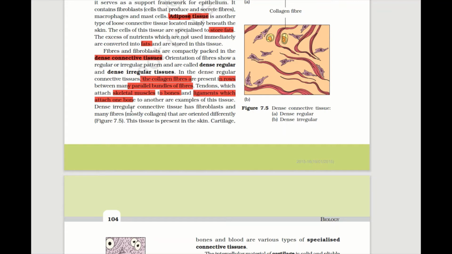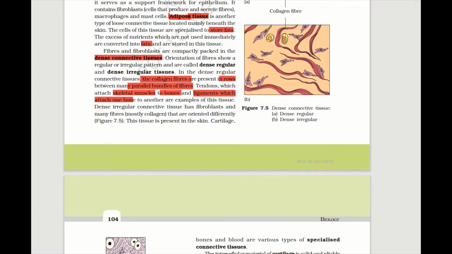Similarly, in dense irregular connective tissue, the fibroblasts and the fibers are not regularly arranged. This dense irregular connective tissue is present just below the skin.